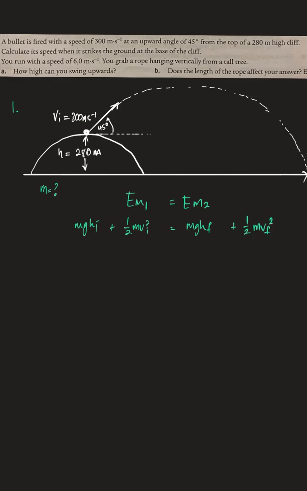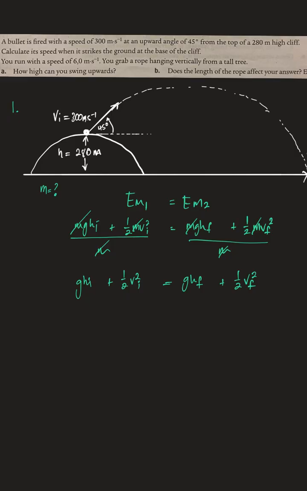I'm going to divide everything by the mass on both sides, and the masses are all going to cancel out. So now I'm left with gh initial plus half v squared initial is equal to gh final plus half v squared final. We got rid of that m because it's the same object.